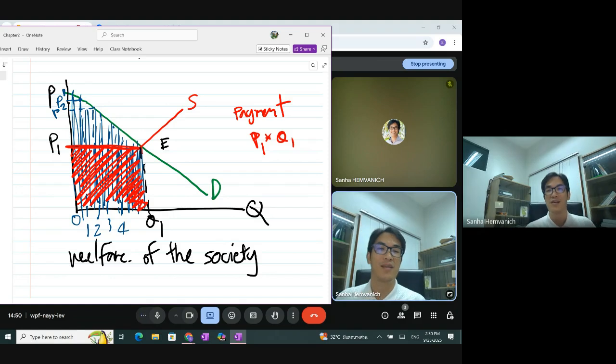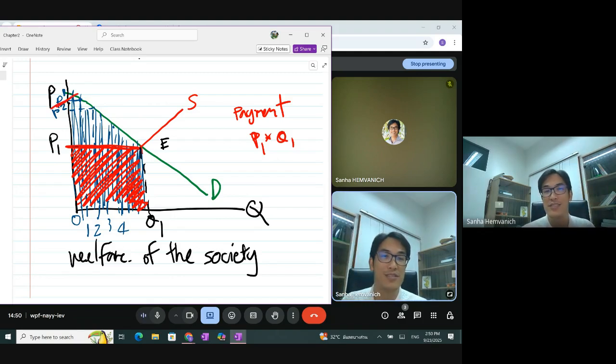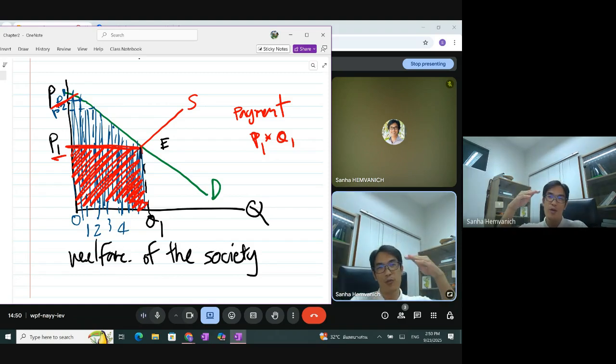Okay, so you can see that instead of paying this higher price, you pay P subscript 1. You actually pay lower. So the difference between what you are willing to pay and what you actually pay is a surplus.